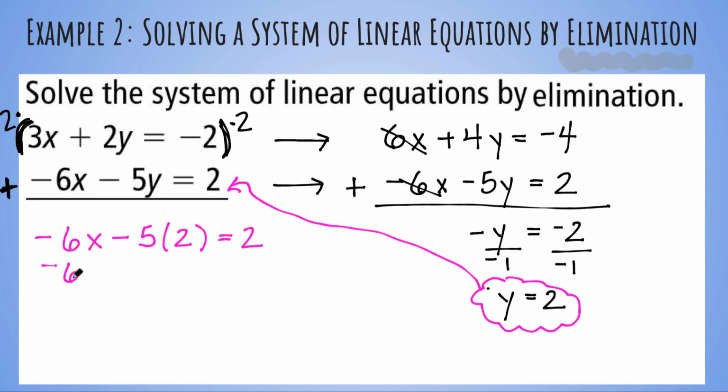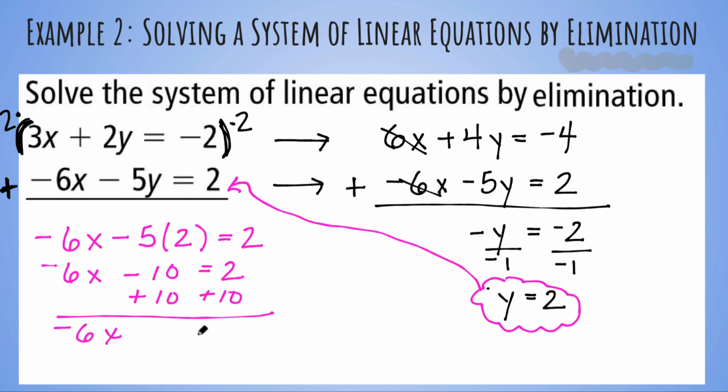We were solving for x. So this is a negative 10, and this is equal to 2. We're adding 10 on both sides. Make sure you're showing every single step. And we get negative 6x equals 12. Dividing both sides by negative 6, we can see that x is equal to negative 2.